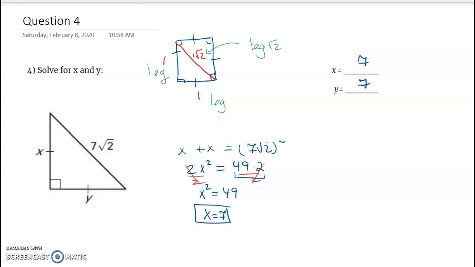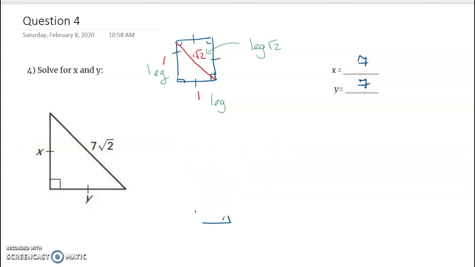Another option is to understand how the sides of a triangle are related to each other and think about moving from one side to the next. So in this triangle, if I have a hypotenuse and I want to move to here, I'm going from a root 2 to 1, so I must be dividing by a square root of 2, because I shrunk my length.